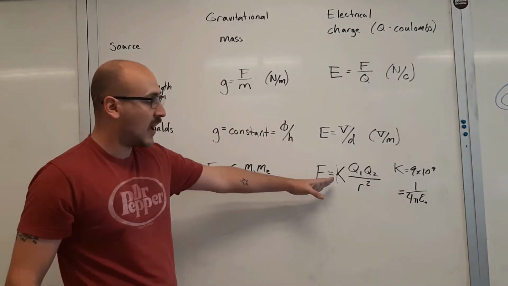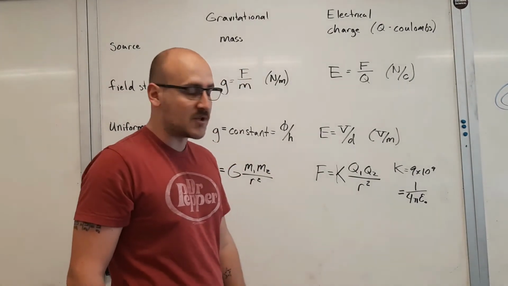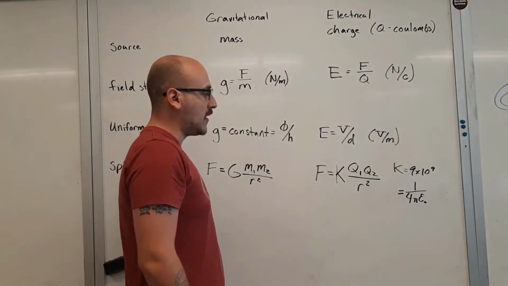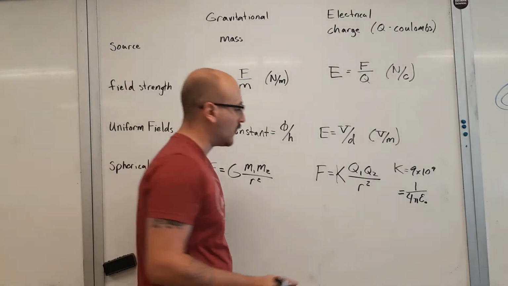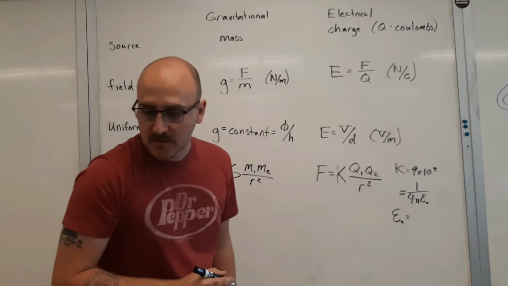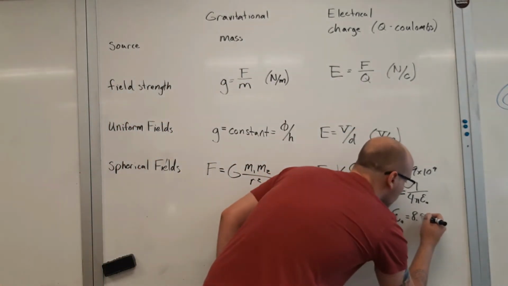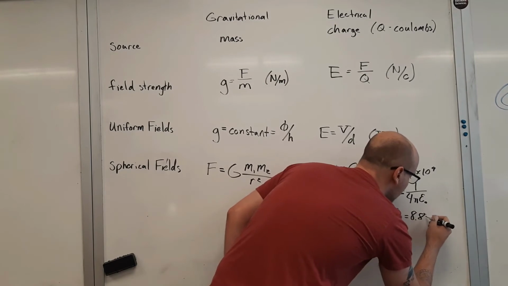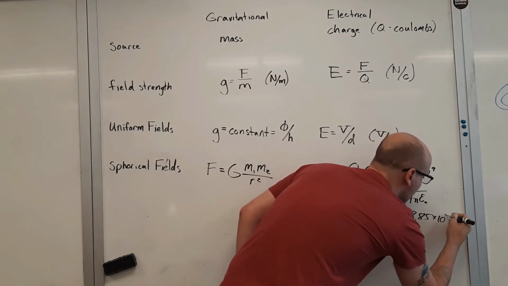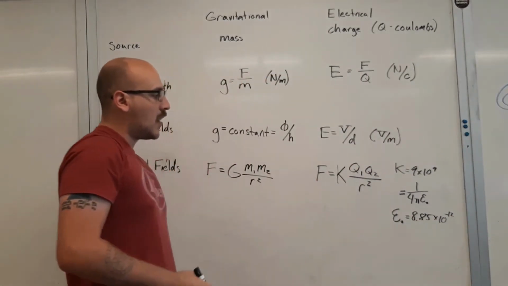So wherever we've got K, we could replace that with that relationship right there, 1 over 4 pi E to the O. So that constant right there, numerically, is, I always forget this one because I never use it, 8.85 times 10 to the negative 12th.